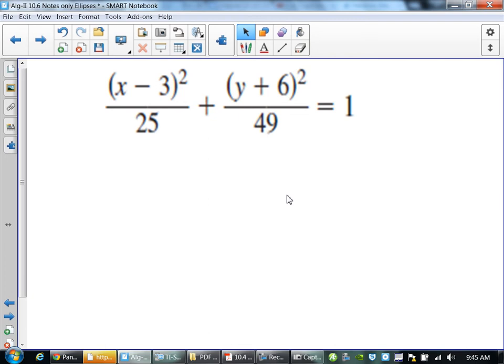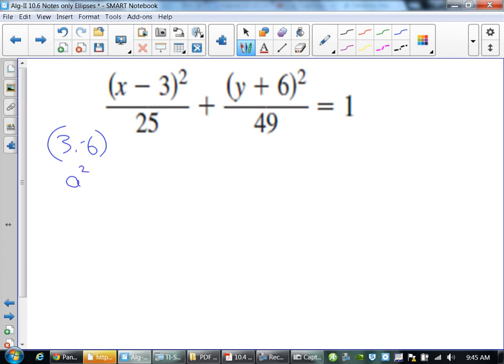So where is your center going to be located on this problem? The center is going to be at 3, negative 6. My a squared is 25. My b squared is 49. C squared, excuse me, I wrote that wrong.